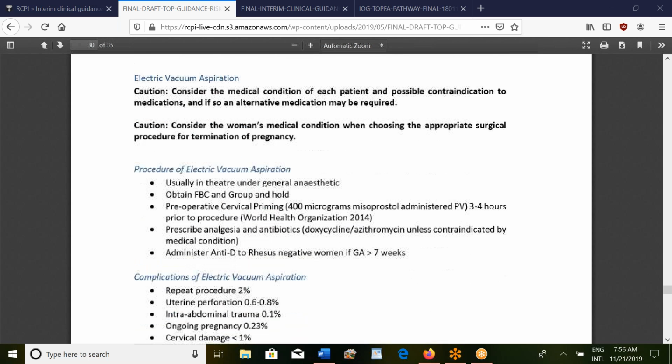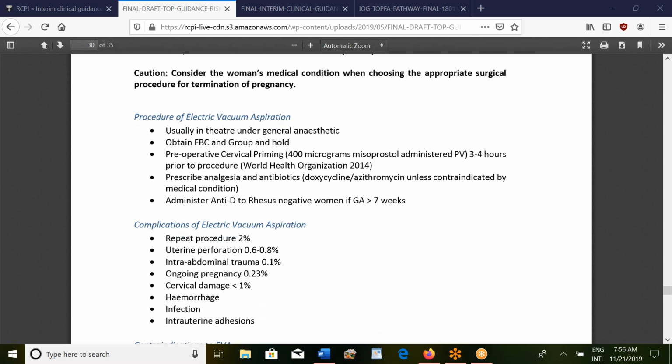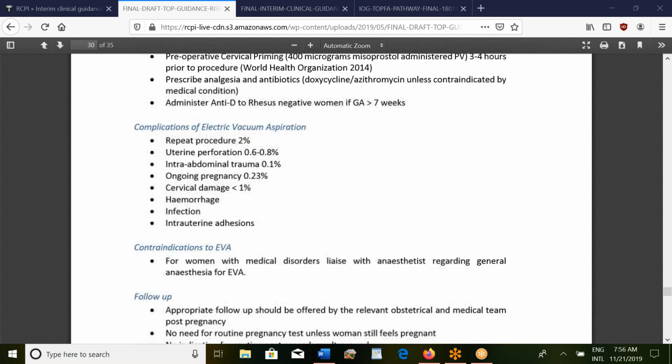So they can be done, and you will need to tell them about the complications. We have talked about that. Sometimes, in a very small number of patients, we need to repeat the procedure. Complications: uterine perforation, intra-abdominal trauma, ongoing pregnancy, cervical damage, hemorrhage, infection, intrauterine lesions.